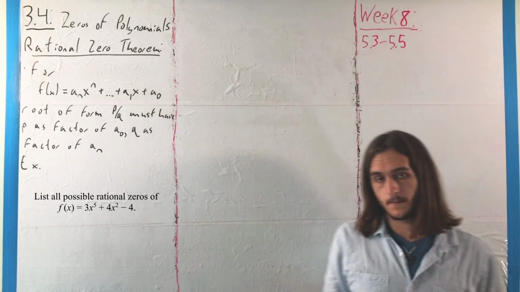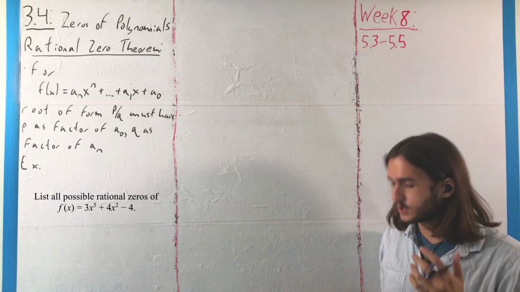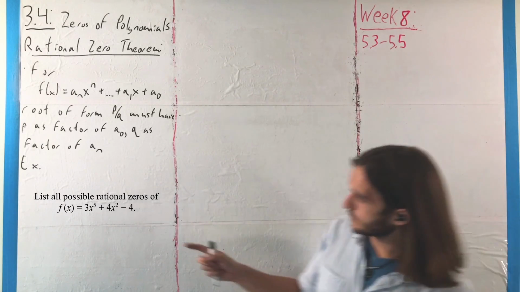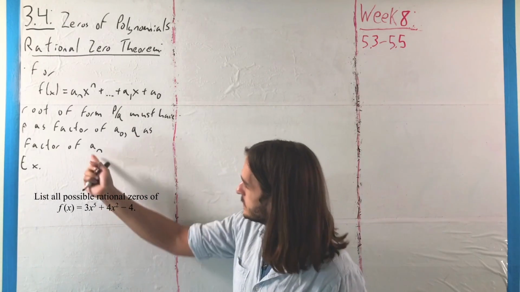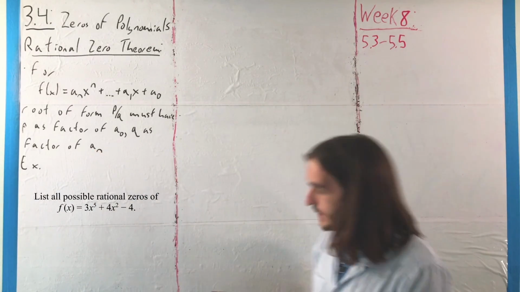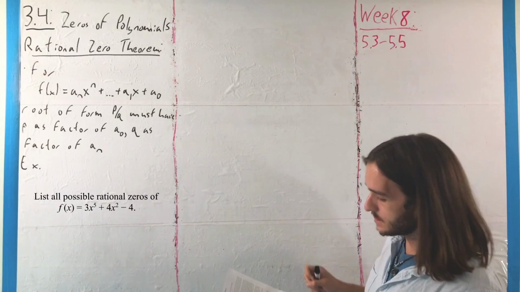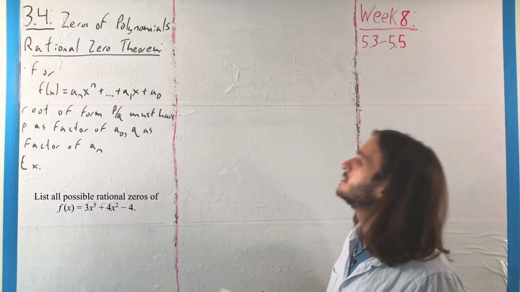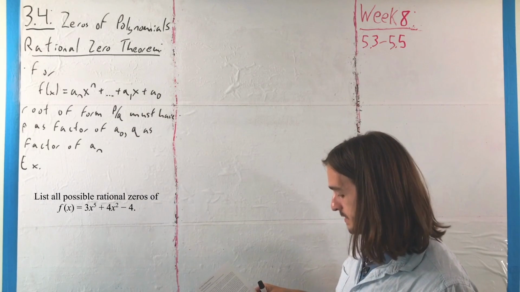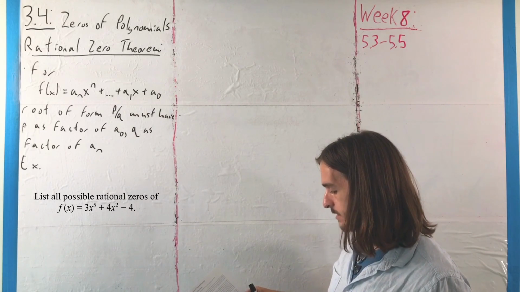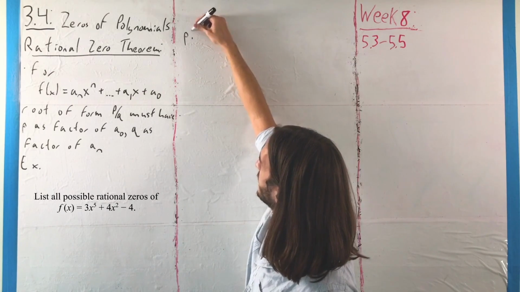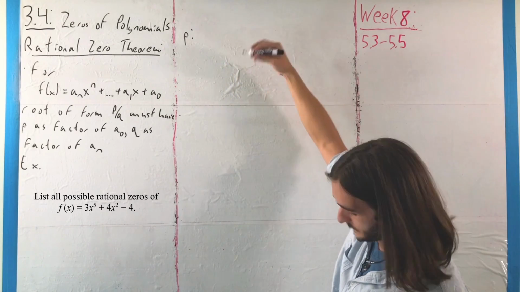So what we need to do here is identify the potential factors of 3 and 4, where remember that q is stacked onto an, and p is stacked onto a0. Which means that p has to be in terms of factors of 4.